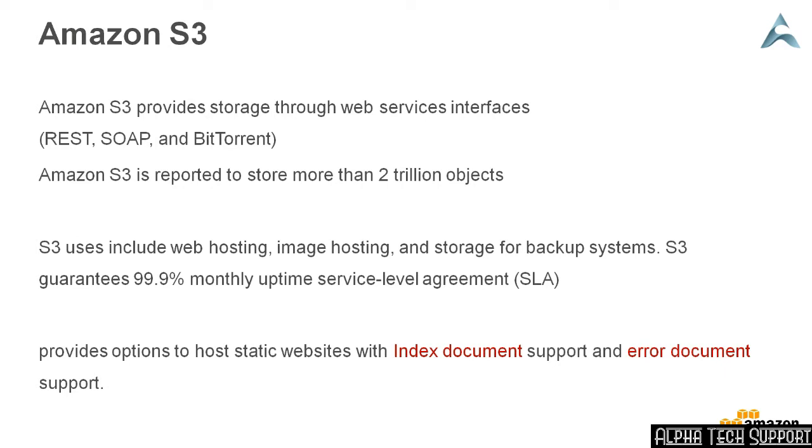S3 uses include web hosting, image hosting, and storage for backup systems. Amazon S3 guarantees a 99.9% monthly uptime service level agreement. You get an agreement from Amazon that they guarantee your data would be never down, always available 99.9% of the time.